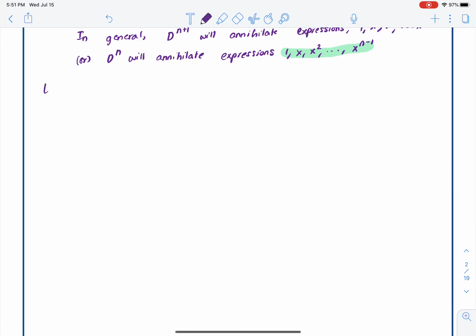If we have an exponential function e raised alpha x, so e raised alpha x is annihilated by d minus alpha.